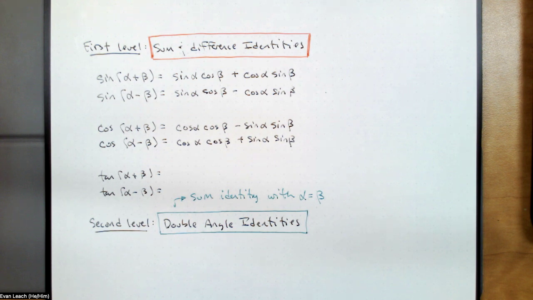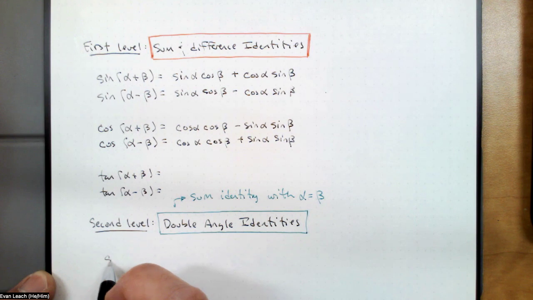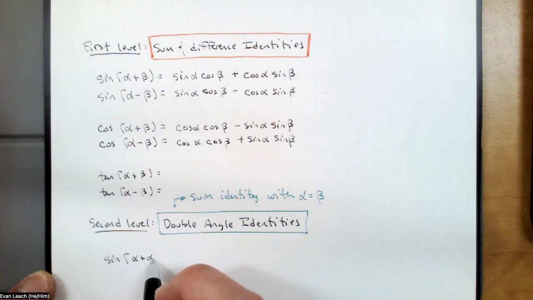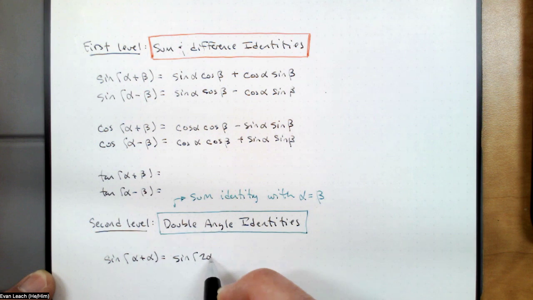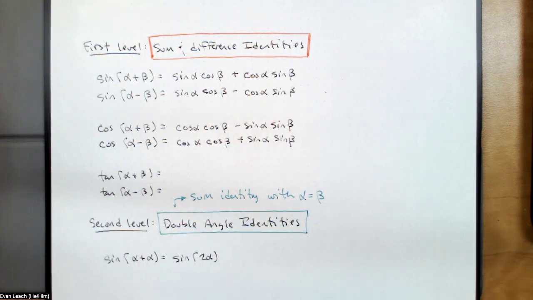So instead of alpha plus beta, we have alpha plus alpha, or 2 alpha. That's the double angle in the double angle identity.